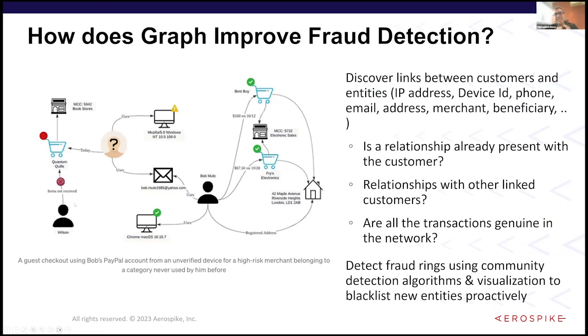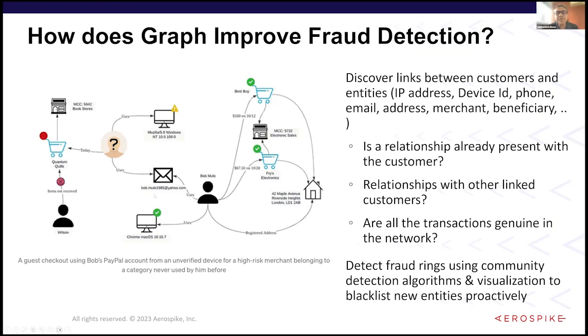So this basically defines at a broad level how graph data models look, right? And at any point of time, if you answer these questions with a no, you'll see that the risk generally increases, while a yes typically means the risk is decreasing. So it's helping both in fraud detection as well as lowering false positives, which is also very, very critical.